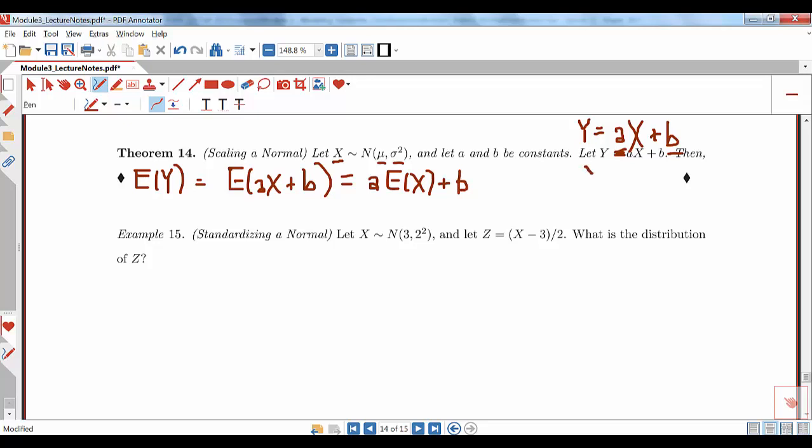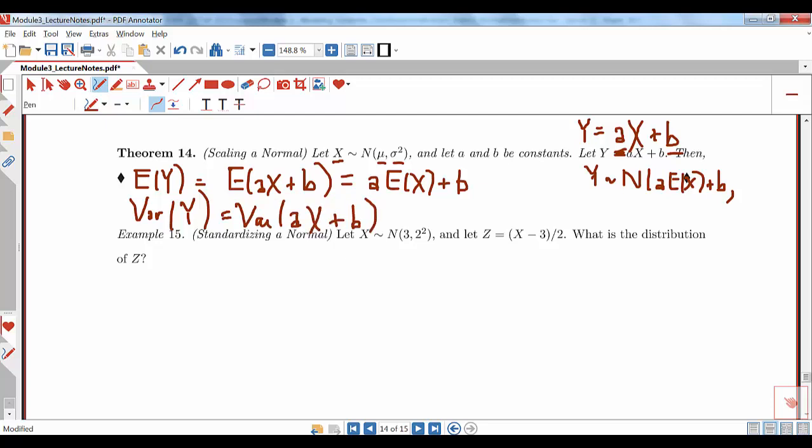So right now, if x was normal, then y is definitely going to be normal, because all I'm doing is shifting it. The mean will be a times the expected value of x plus b, and now I want to find the variance. So the variance of y is equal to the variance of ax plus b. Now when we found variance, remember there was an integral, but we had a squared term in there.